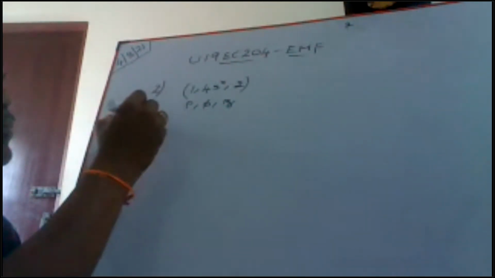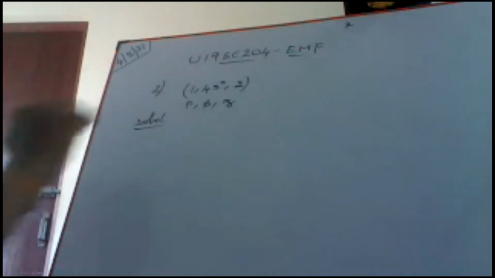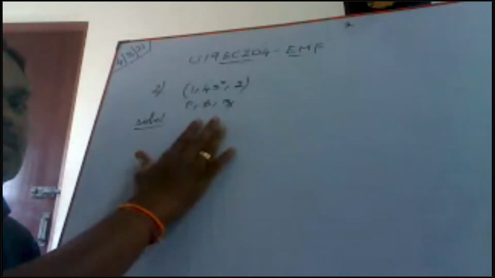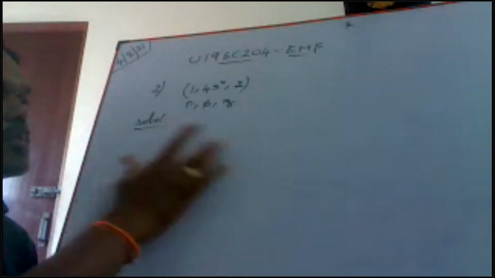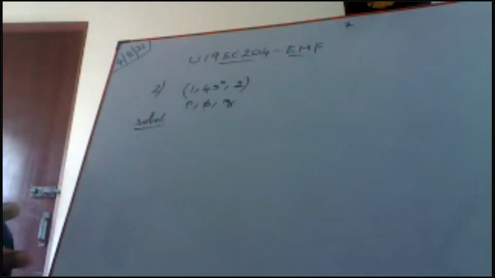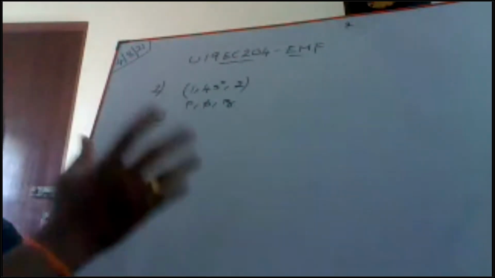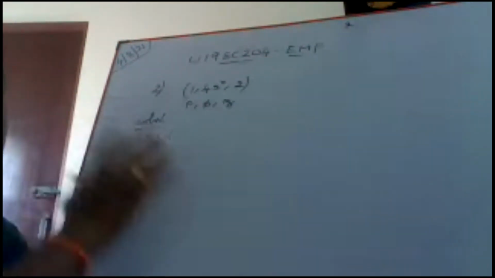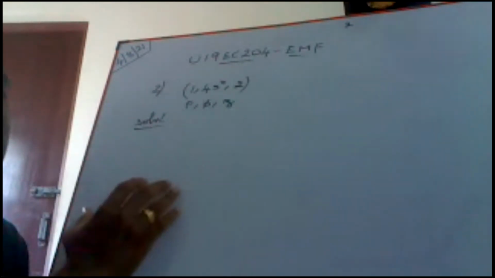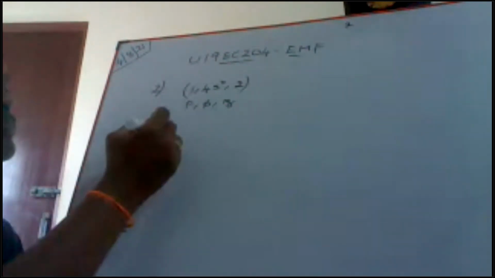What I am going to do first is transform the given cylindrical system into a spherical system or Cartesian system. We don't have any direct method to transform cylindrical into spherical, so we use the Cartesian system as the intermediary. Only by using the Cartesian system can we transform into the third system.